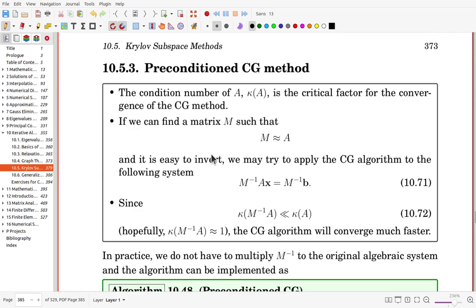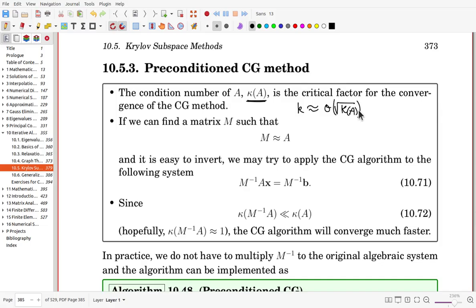This is one more step. We have to make the CG method faster. Remember, the condition number is the critical factor, and the number of iterations required for some tolerance, k, is on the order of the square root of the condition number of A. We have this theory already.